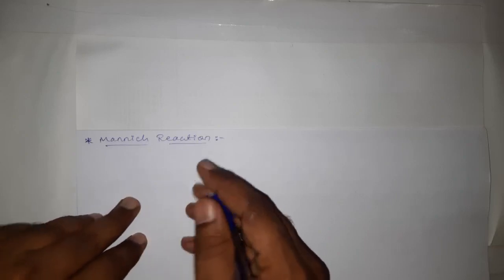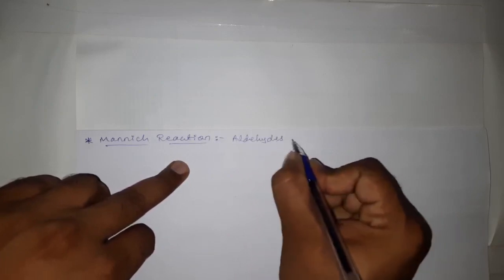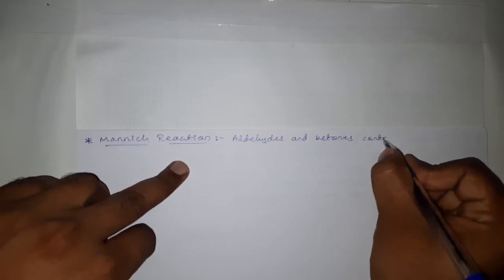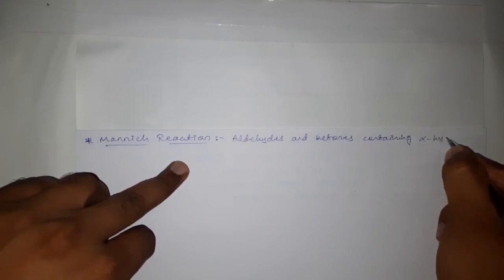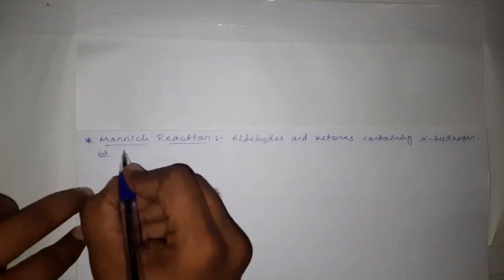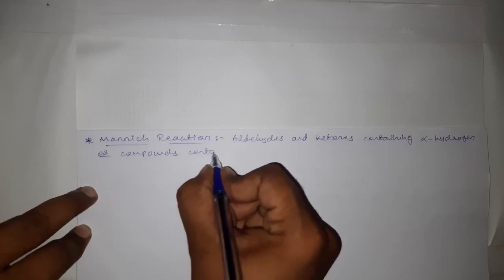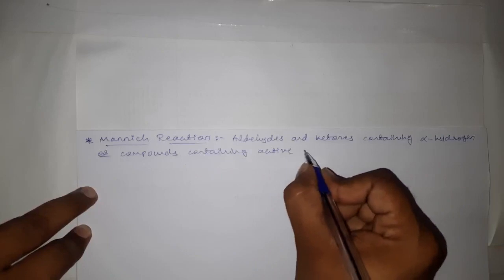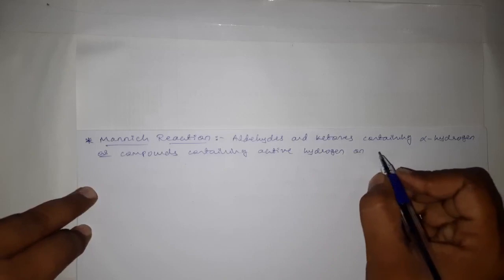Mannich reaction. See here, the aldehydes and ketones which are containing alpha hydrogen, or the compounds containing active hydrogen, undergo condensation.